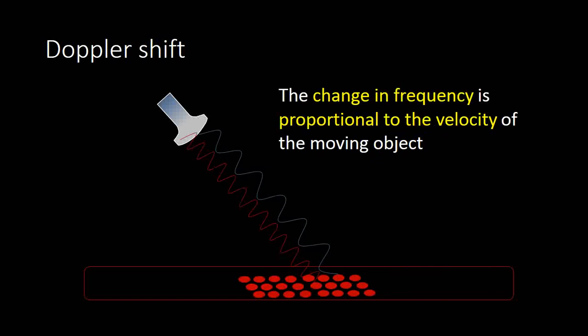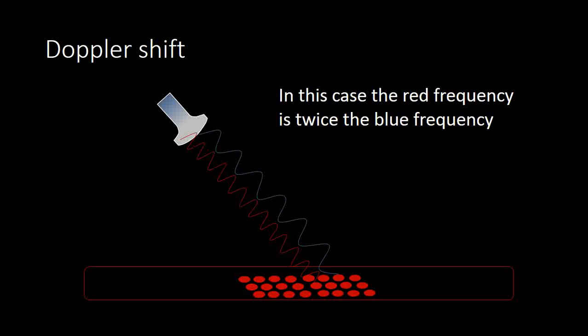The change in the frequency is proportional to the velocity of the moving object, so the greater the change, the greater the velocity. In this case, we see that the frequency of the blue sound wave is half the frequency of the red sound wave. So that difference in frequency is the shift that the probe uses to calculate velocity.